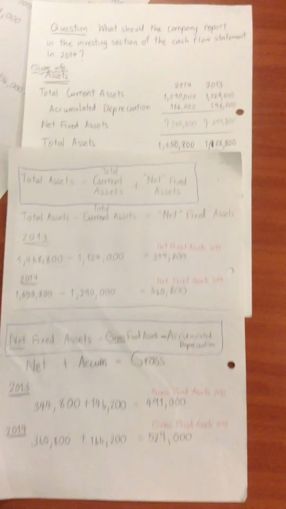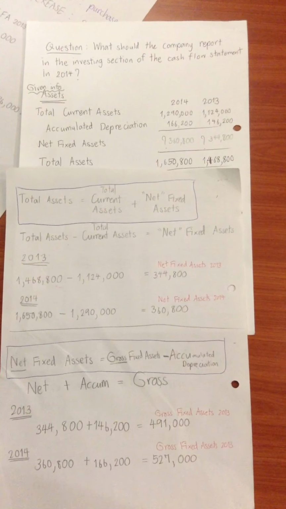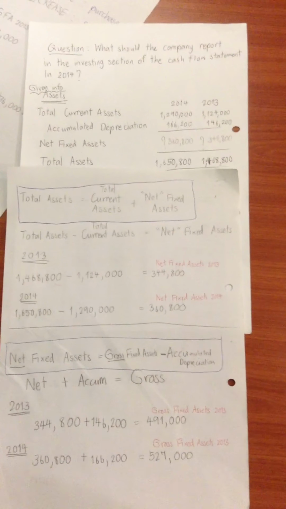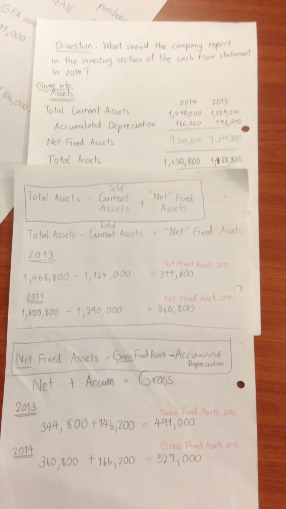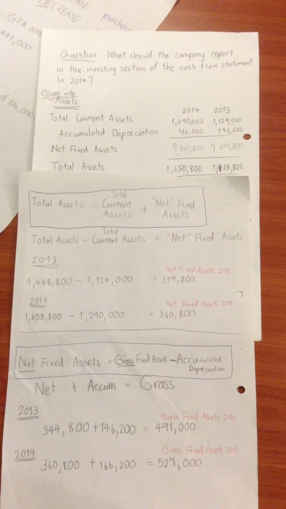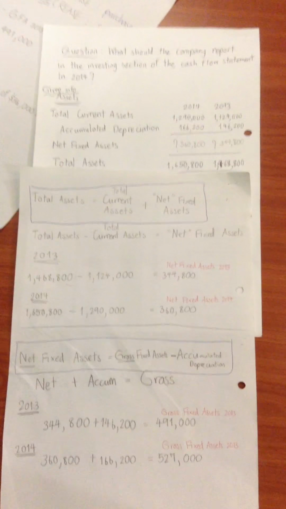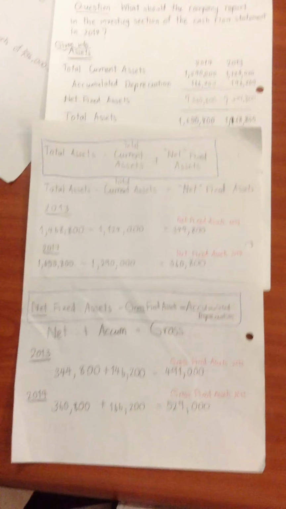Actually, they have given you only the accumulated depreciation, but before we have calculated the net fixed assets. So make sure you get the correct answer for net fixed assets for each year, because that will determine if you're going to get the right answer for the gross fixed assets.